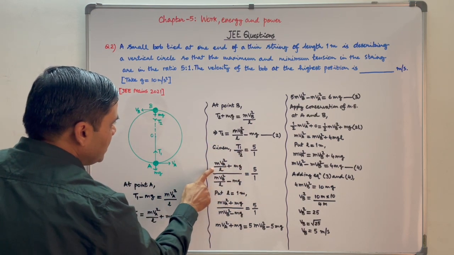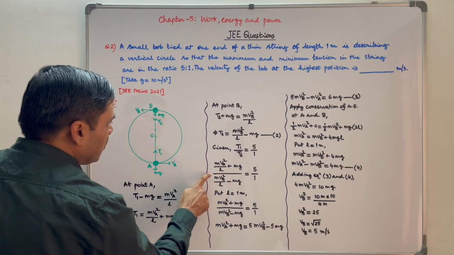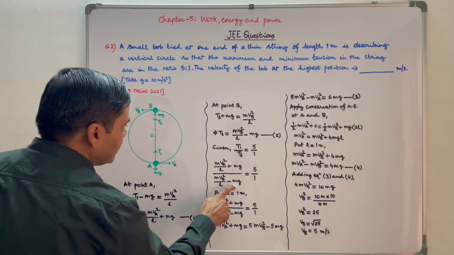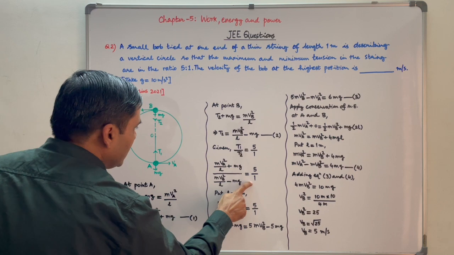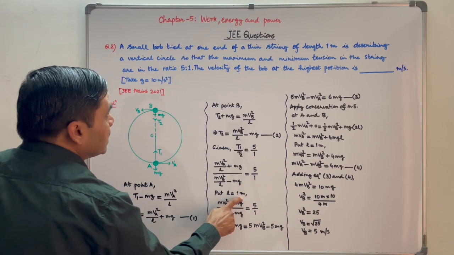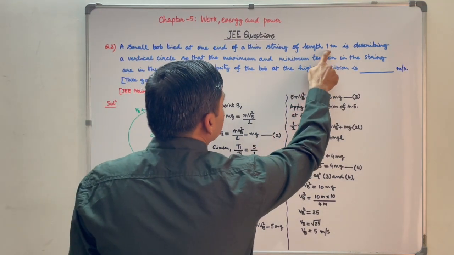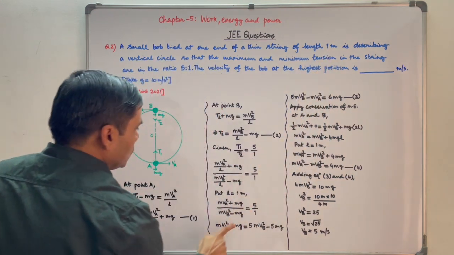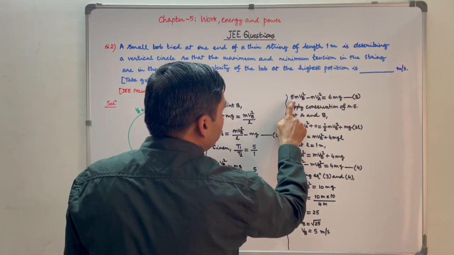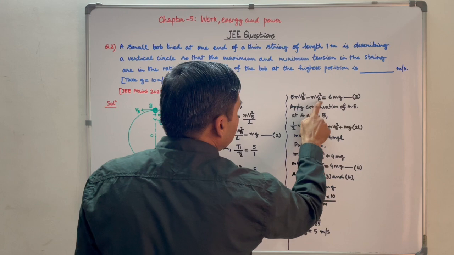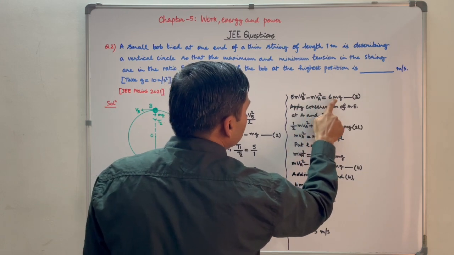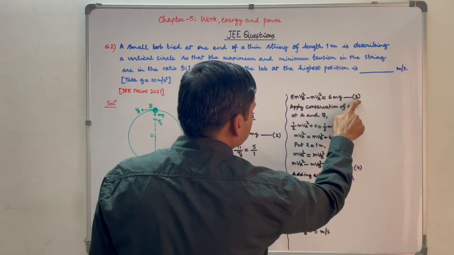That means (mVA square upon L plus mg) upon (mVB square upon L minus mg) is 5:1. Put L is equal to 1 meter. It is given as length of the string is 1 meter. So this gives 5 mVB square minus mVA square is equal to 6 mg. Suppose this is equation number 3.